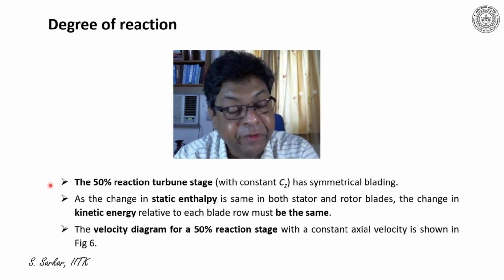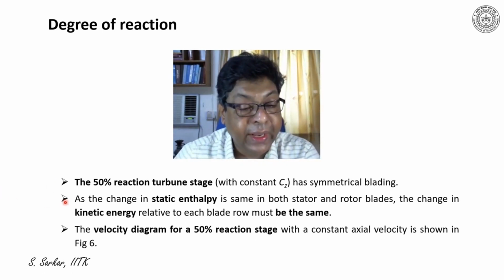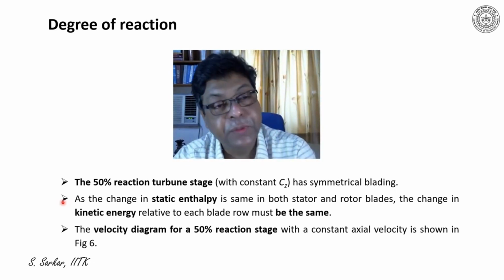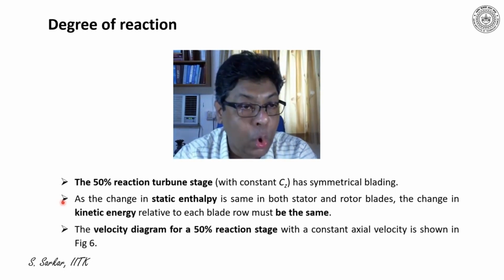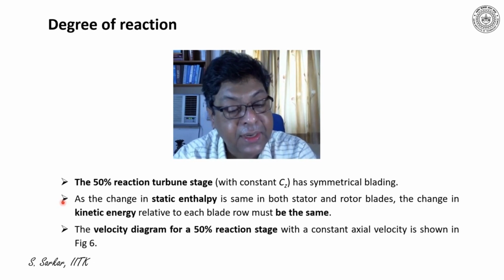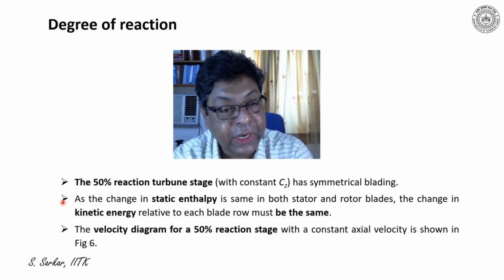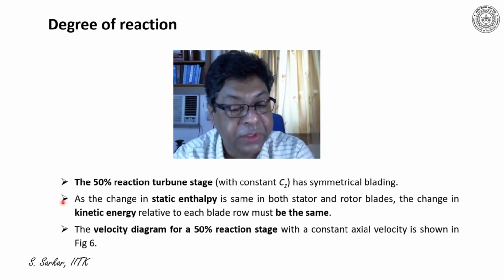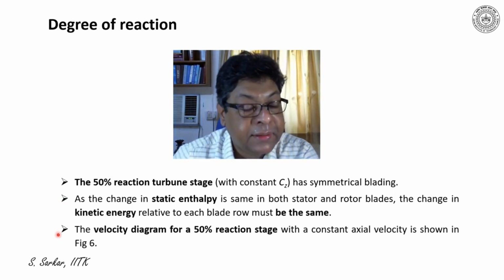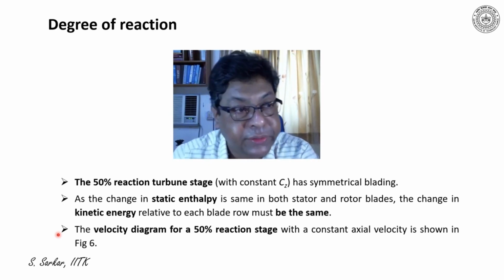Hence, for a 50% reaction stage, static enthalpy rise in stator must be the same as that of the rotor, and thereby the kinetic energy change relative to each blade row would be the same. Now, figure 6 illustrates the velocity triangle for a 50% reaction machine.